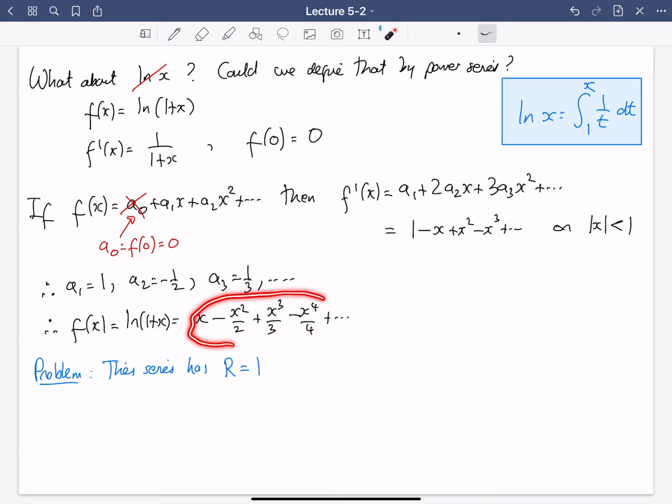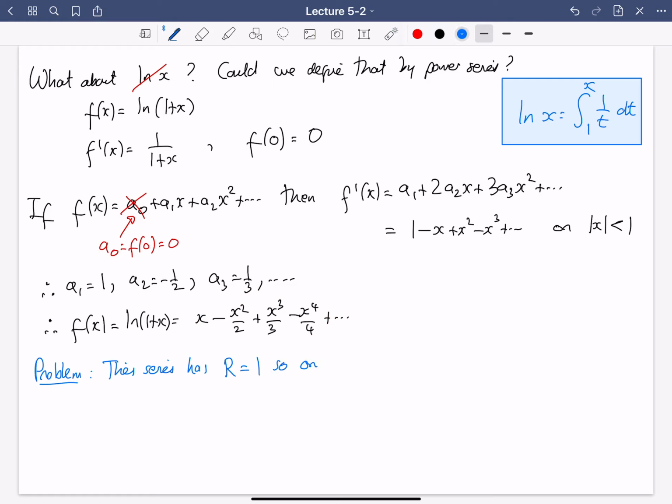When you plug in x is minus 1, you've got minus 1, minus a half, minus a third, minus a quarter, and so on, which diverges because that's minus the harmonic series, which I'm sure you've seen diverges. So for x is 1 and minus 1, it converges or diverges. That forces the radius of convergence by our theorem about radius of convergence. It forces R to be 1.